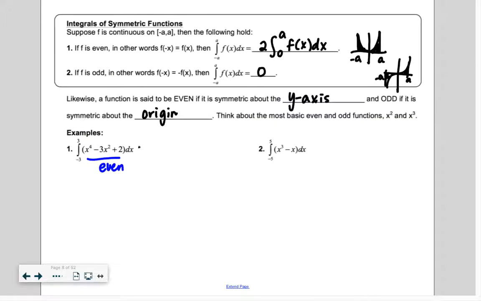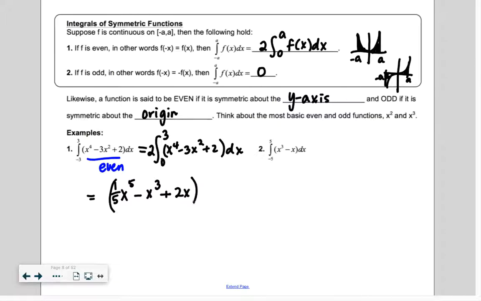So the easiest way of doing it would be to go from 0 to 3 and double. So we have the integral from 0 to 3 of x to the fourth minus 3x squared plus 2 dx. As we integrate, we get x to the fifth with a 1/5 out front, minus x cubed, plus 2x, going from 0 to 3, and we'll take that result and double it.